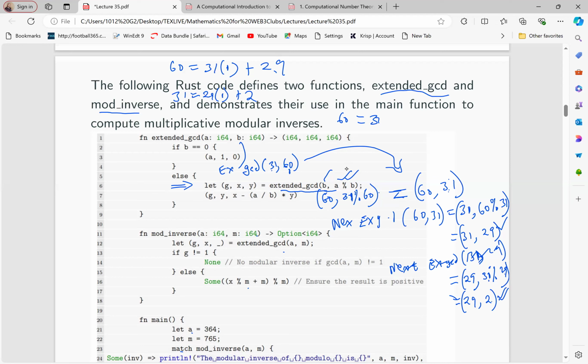Then the next calls the extended GCD of 29 and 2. And what is this? I'm using this formula. B is 2, and then the remainder of 29 on division by 2.